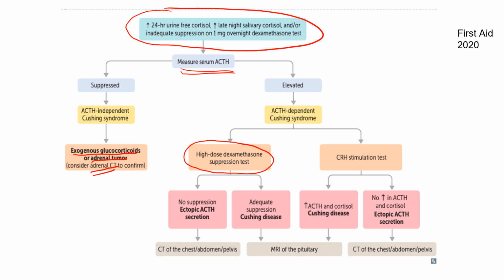But in a patient with Cushing disease, where they have increased ACTH production due to a pituitary mass, a high dose of dexamethasone will actually lead to suppression of ACTH release. So if you give a patient high dose dexamethasone and you see that the ACTH levels drop, that should make you think that they have Cushing disease, where a pituitary tumor is producing too much ACTH.